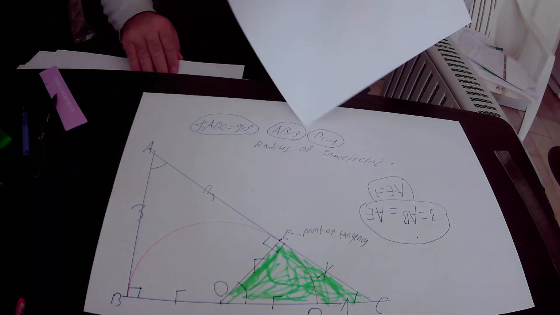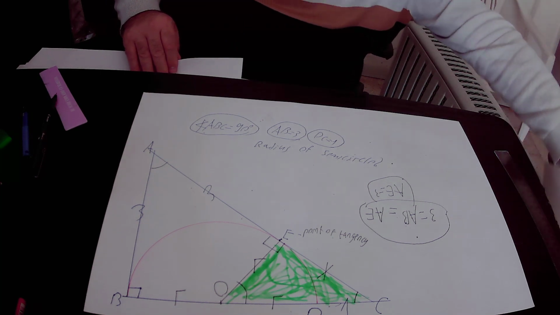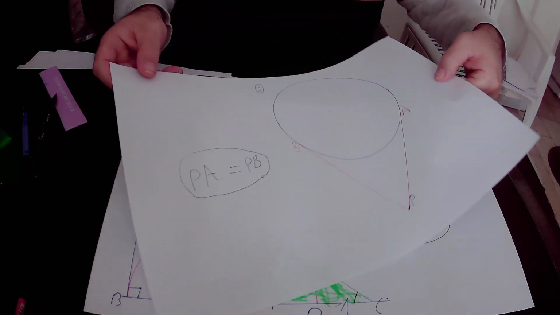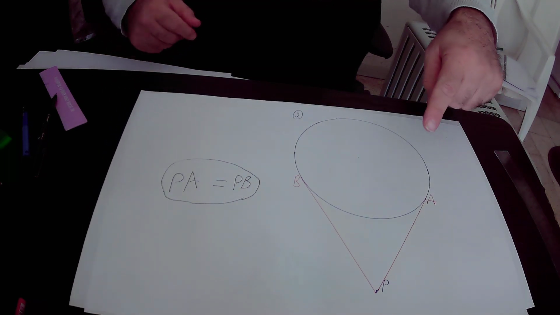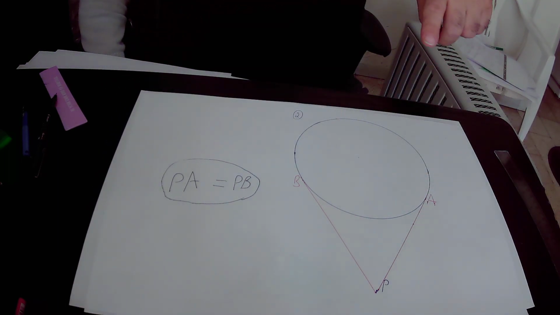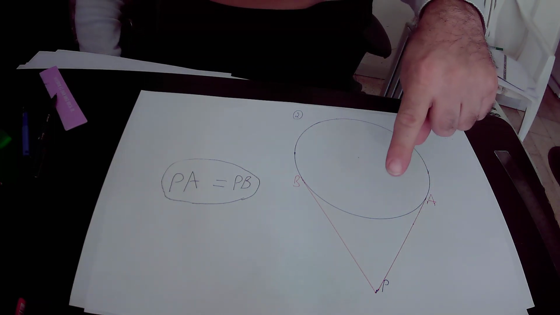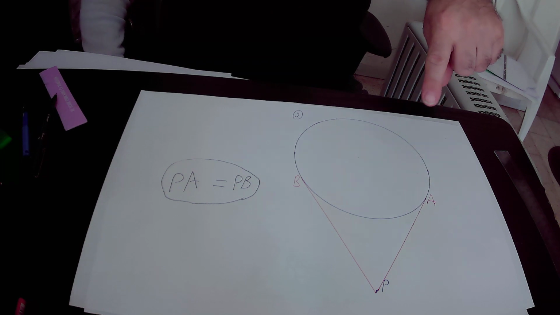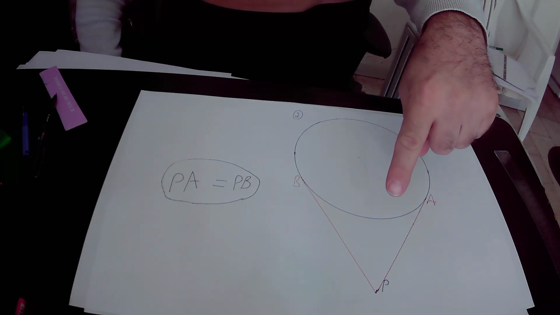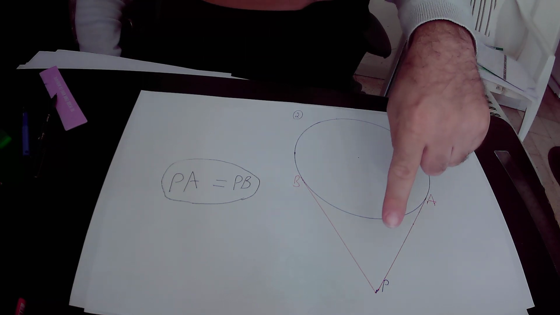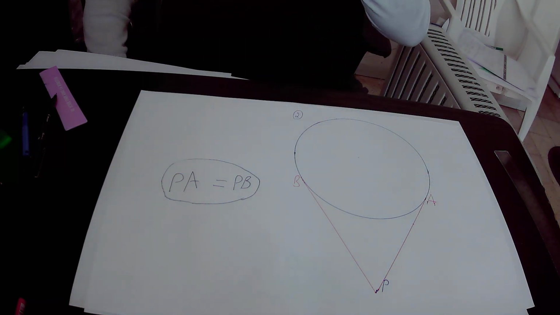The meaning is that if you have this circle and an external point P of this blue circle, and from the external point P we draw 2 tangents to this circle. The first tangent is tangent PA and the second tangent is tangent PB.